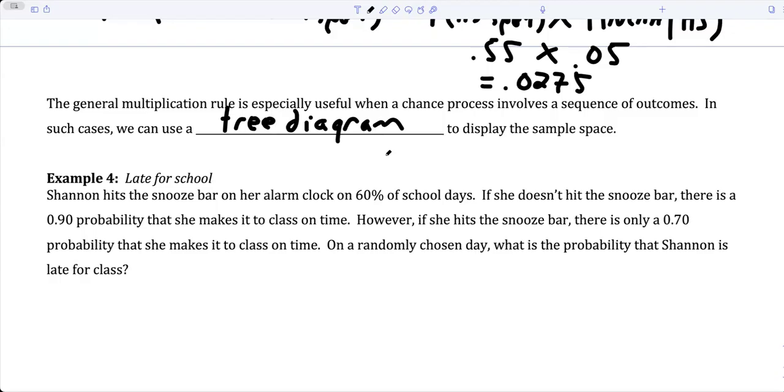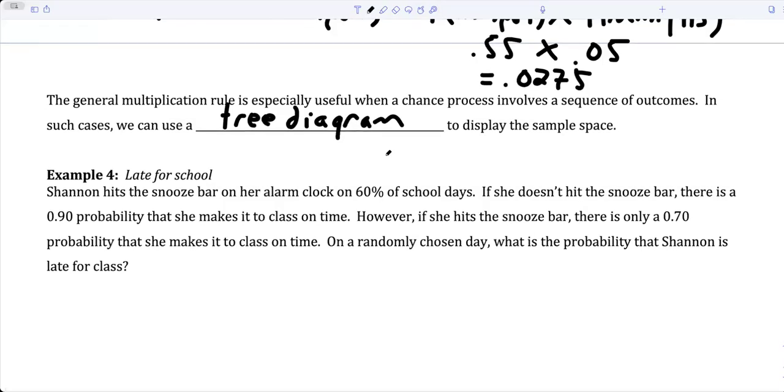On a randomly chosen day, what is the probability that Shannon is late to her stats class and gets a detention? So let's find that probability.